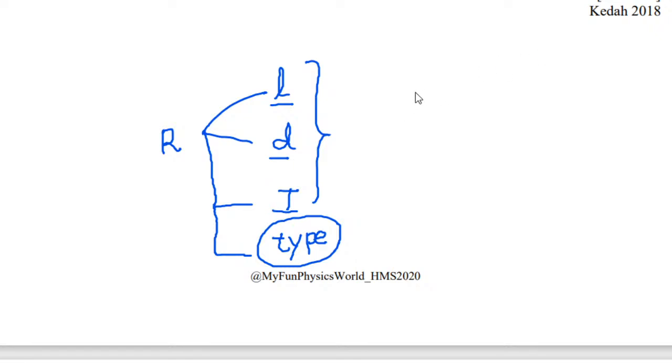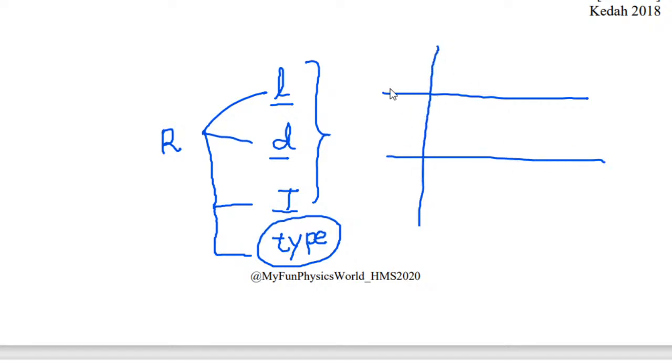Now, the basic will be like this. We do a summary. Let's say we have our manipulated variable, responding variable, and constant variable. Normally the responding variable, although the diagram shows you the brightness of the bulb, is actually the resistance.